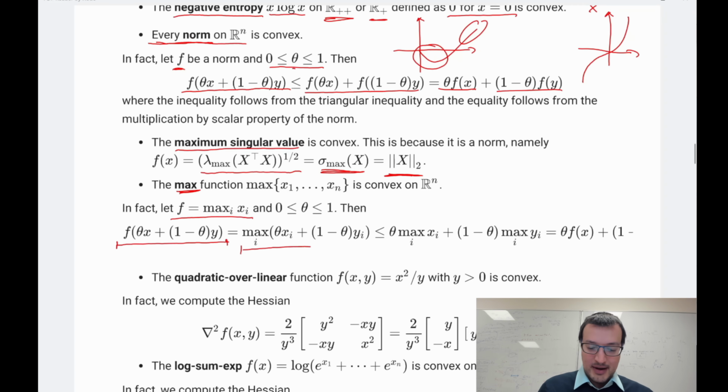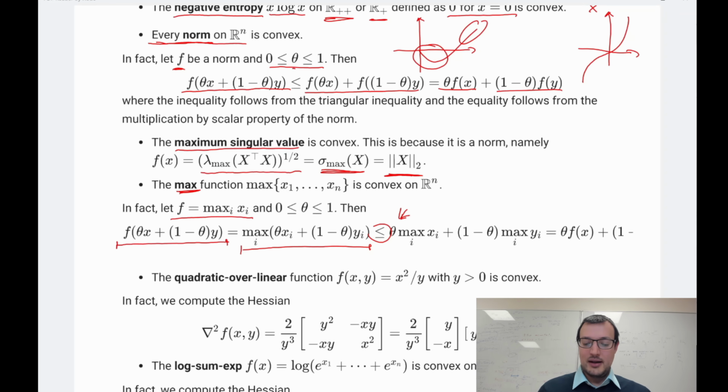This is essentially the max of this for all the xi and yi. Then we use the fact that the max of the sum of two terms is always less or equal than the sum of the max of the two terms. And after, we also use the fact that theta can be brought outside.